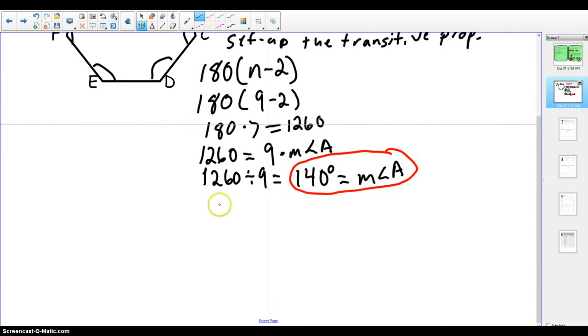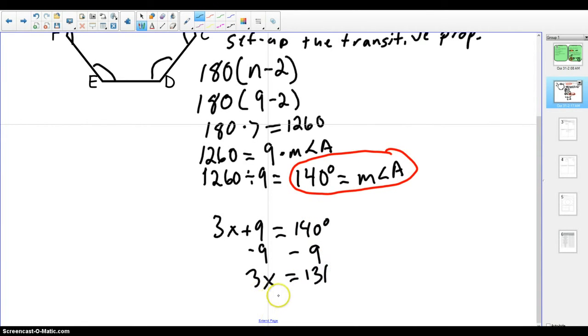So we write that. 3x plus 9 equals 140 degrees. And we continue solving. So we subtract 9, subtract 9. So 3x equals 131. And divide both sides by 3.